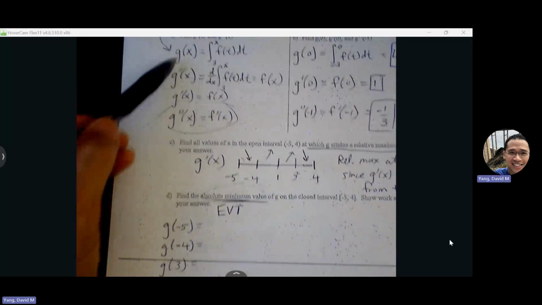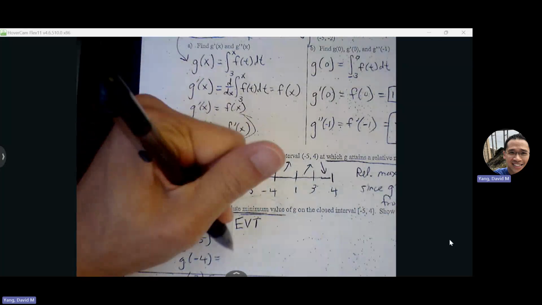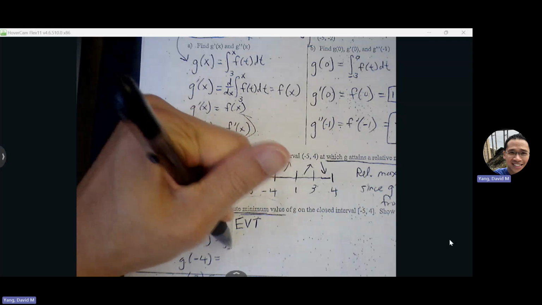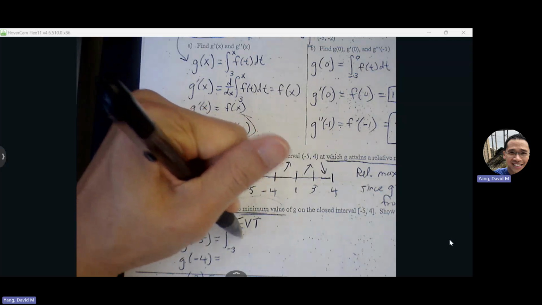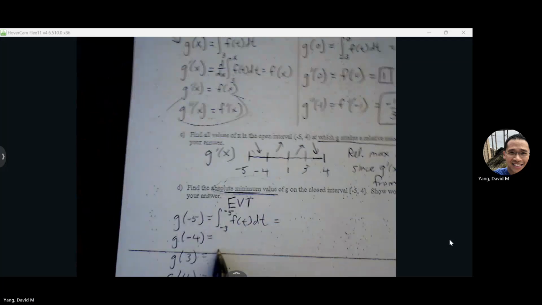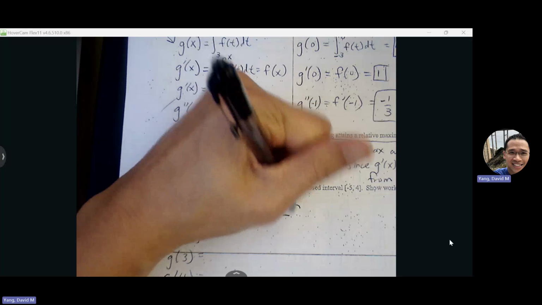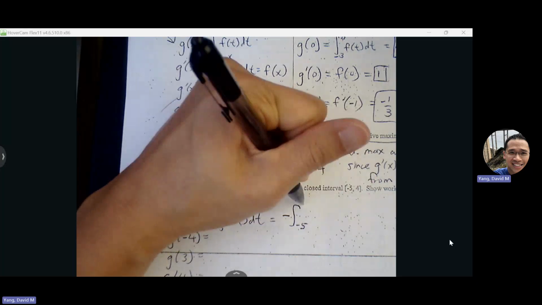Okay, so we're relying on our definition to find our g of x. So g of -5 is simply defined as the integral from -3 to -5 under my f graph. So -3 to -5, what do you notice about the bounds here? Yeah, they're backwards, right? So let's pull a negative and make our bounds go from left to right.